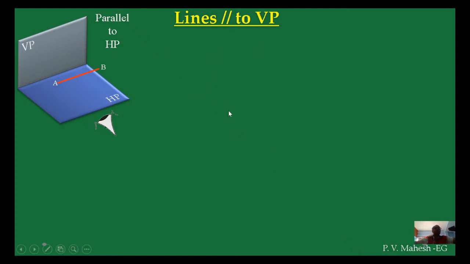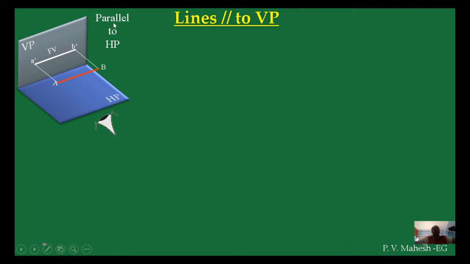Now see here, the line is parallel to VP, which means the distance of A from VP and the distance of B from VP must be equal. If these two are equal, then we will get the true length in the front view.